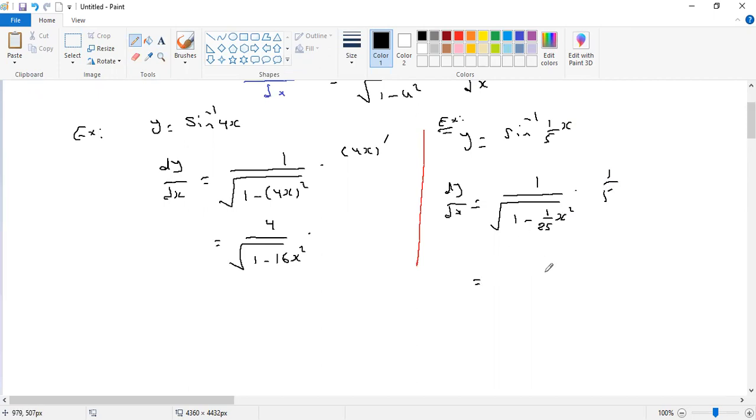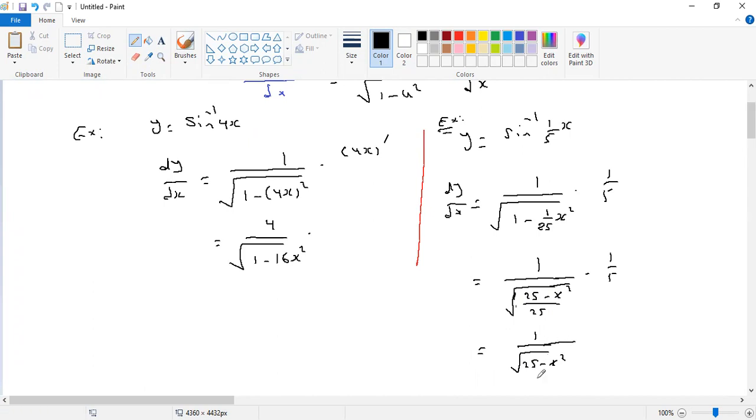This can be simplified. I can write the denominator as the square root of 25 minus x squared, all over 25, and then multiplied by 1 over 5. The square root here applies to all of it, so I can write the square root of the numerator over the square root of the denominator, which is 5.